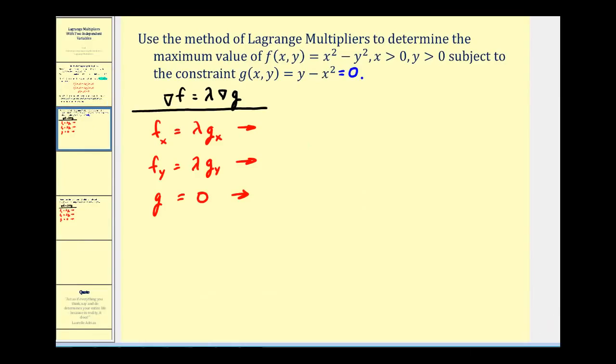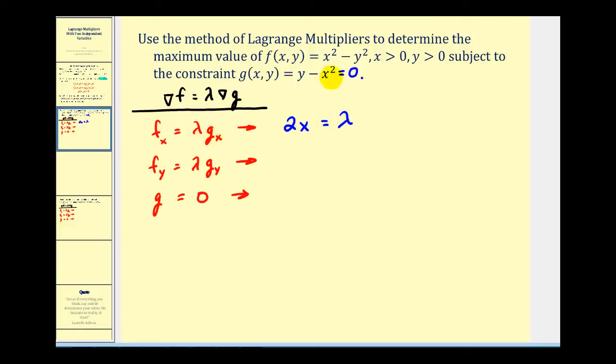Here we want to determine the maximum value of f based upon the constraint g. So we're going to create a system of equations by setting the gradient of f equal to lambda times the gradient of g. And the result will be these two equations, and then we have the constraint. So the partial derivative of f with respect to x would be 2x. This is going to be equal to lambda times the partial derivative of g with respect to x.